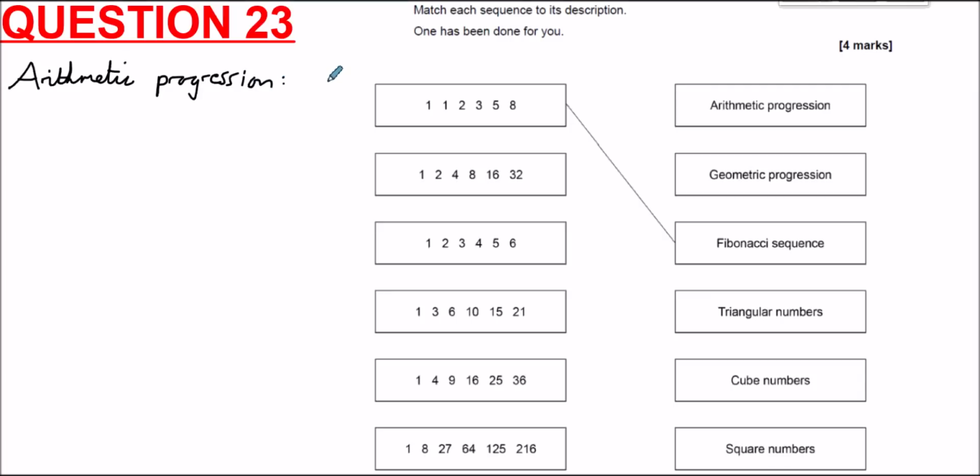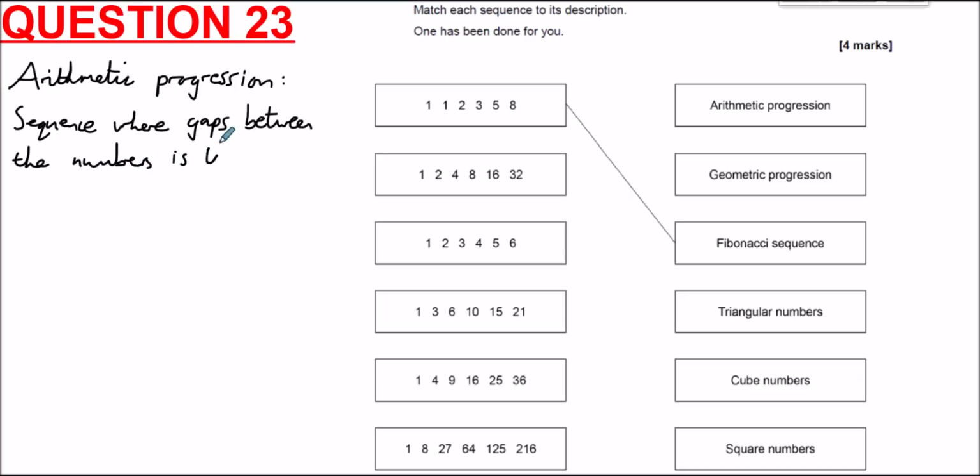Well, an arithmetic progression is a sequence where the gaps between the numbers is the same. We just add in the same amount each time.